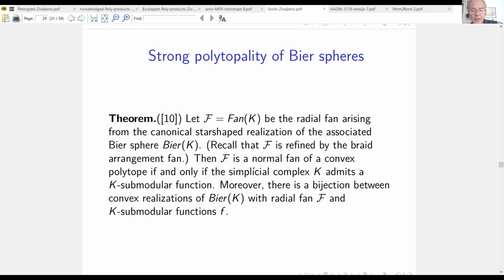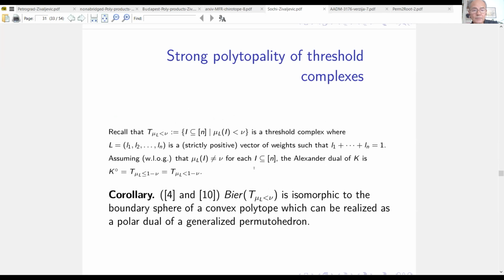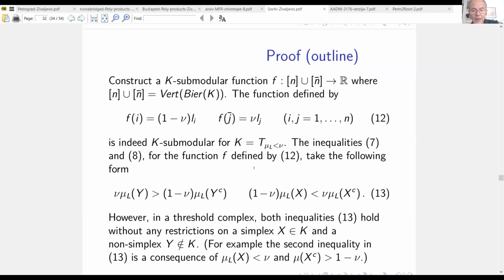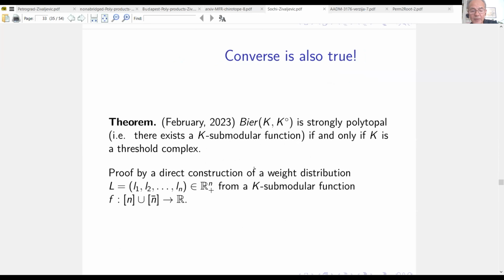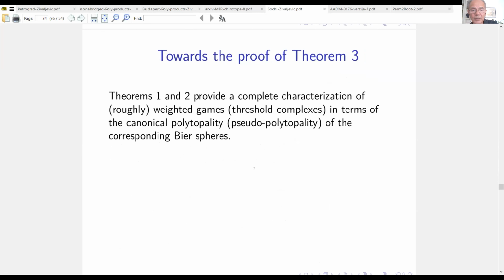And strong polytopality of threshold complexes is a property which characterizes threshold complexes completely, or weighted majority games. This is an outline of the proof.